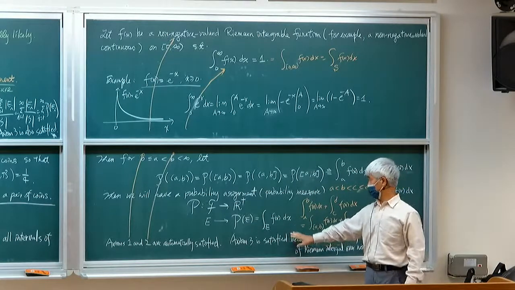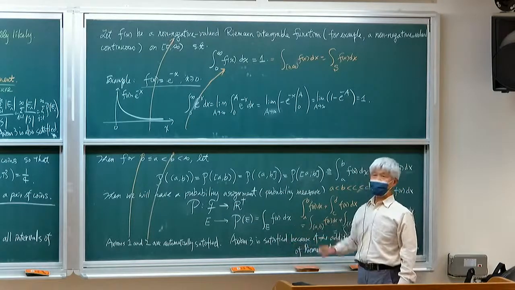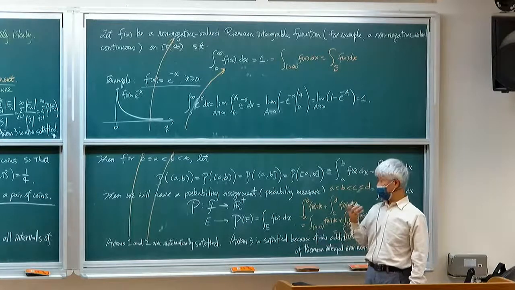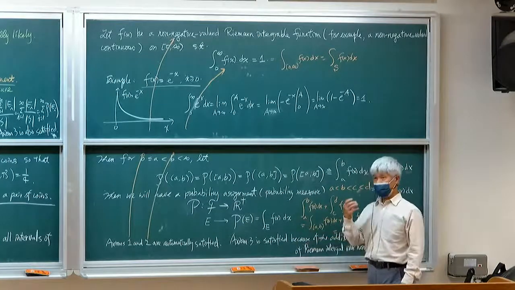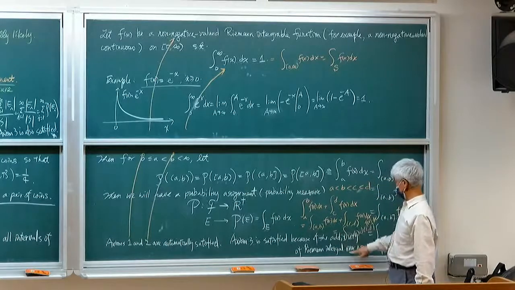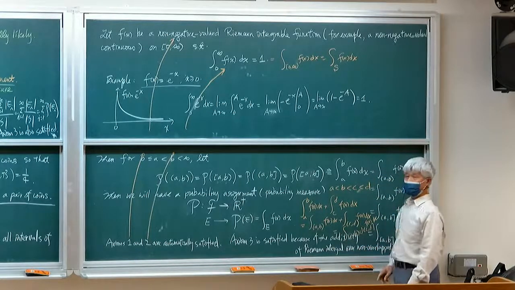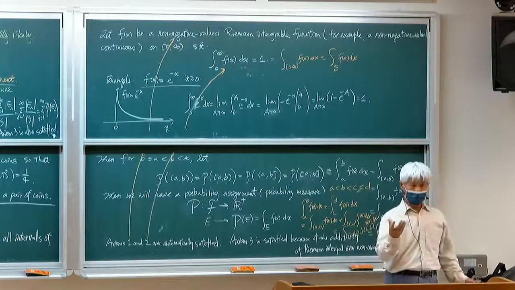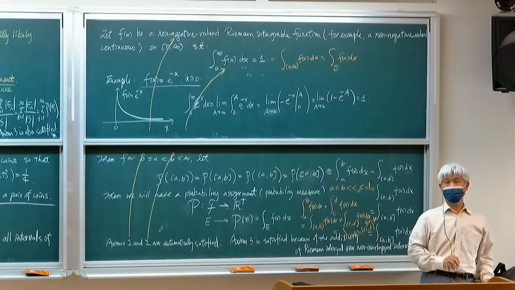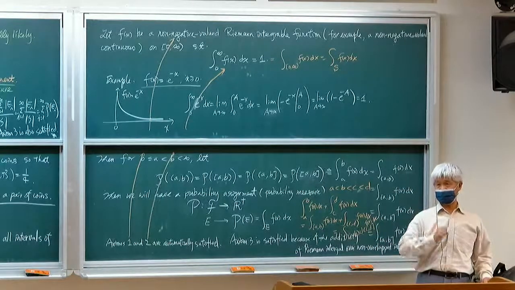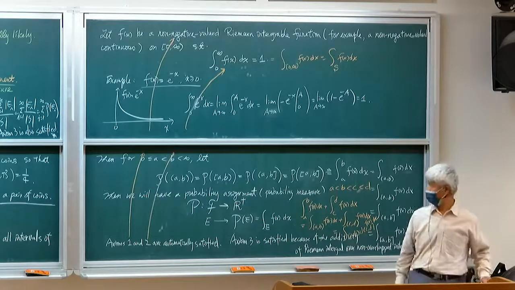We can prove that. Okay, because the simplest form is just the additivity of Riemann integral over non-overlapping intervals. That is the basic prototype of countable additivity here. Okay.